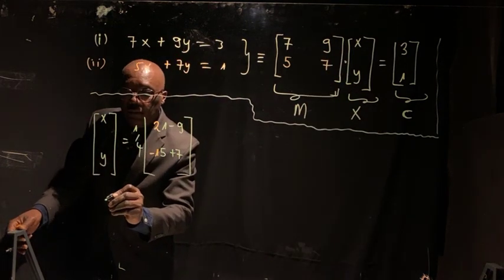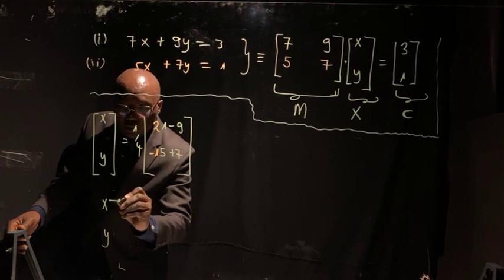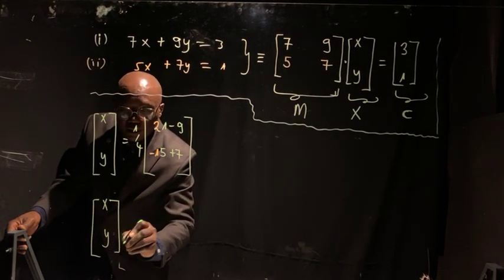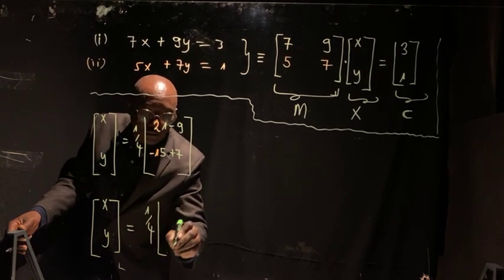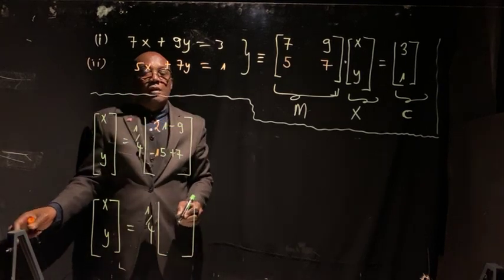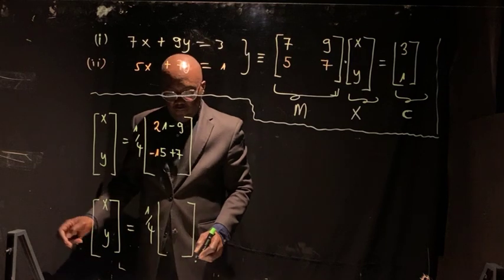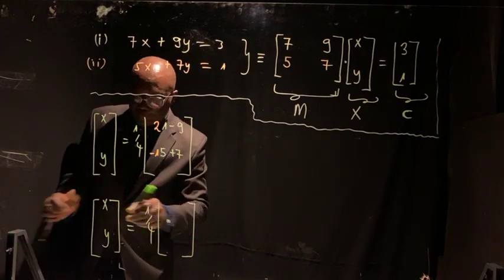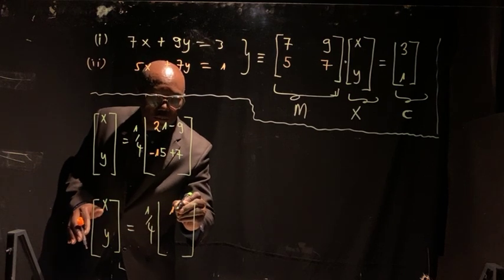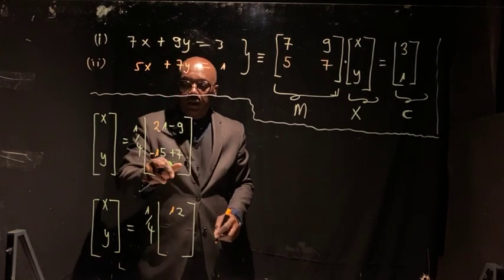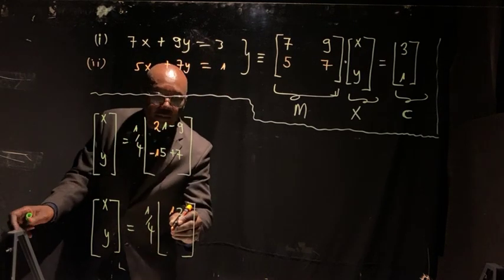So, we have x and y equal 1 over 4, 21 minus 9 will give us 12. And then minus 15 plus 7 will give us minus 8.